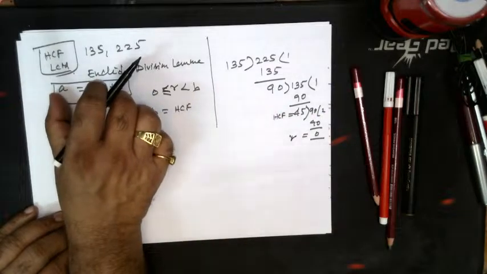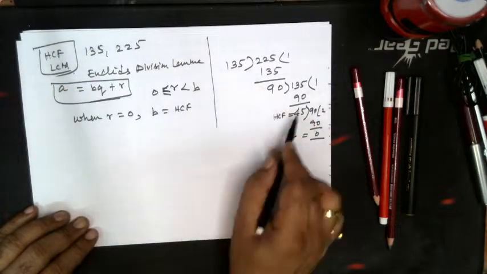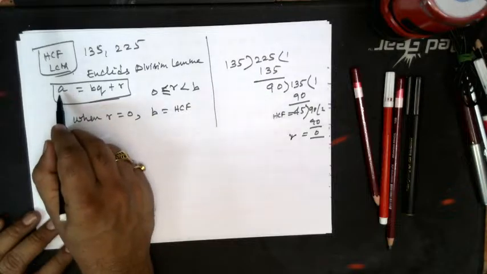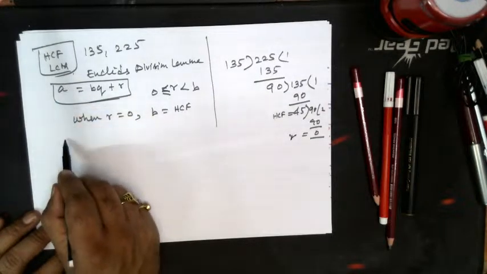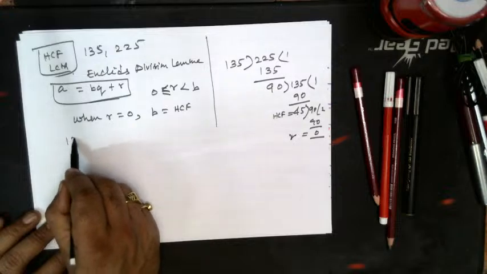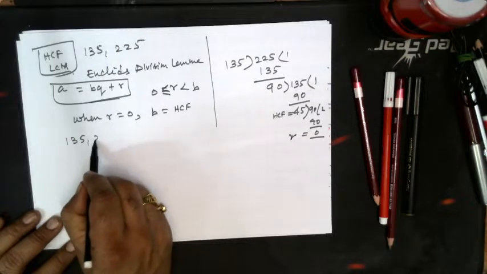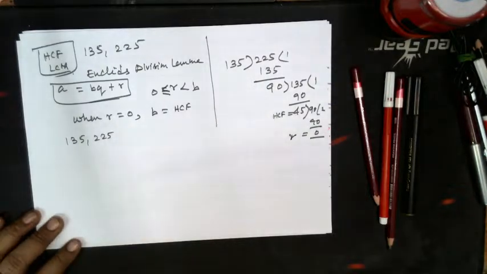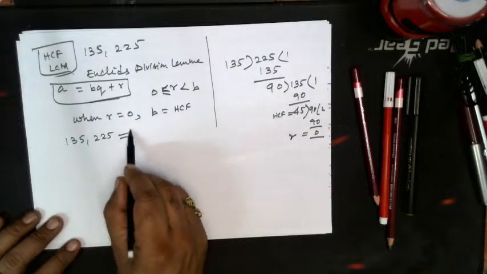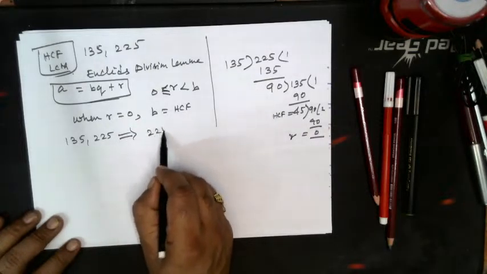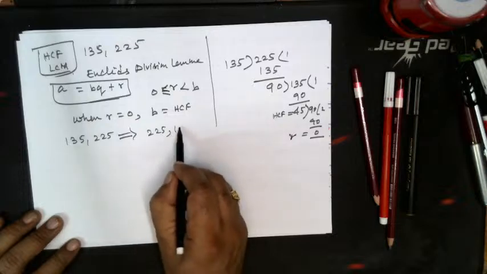Now I will apply this technique. Okay, listen to me carefully. What is A here? A is the bigger number. So here you can write 225 first, followed by 135.